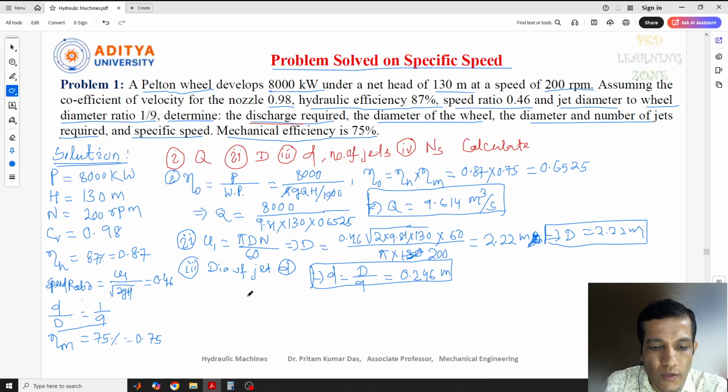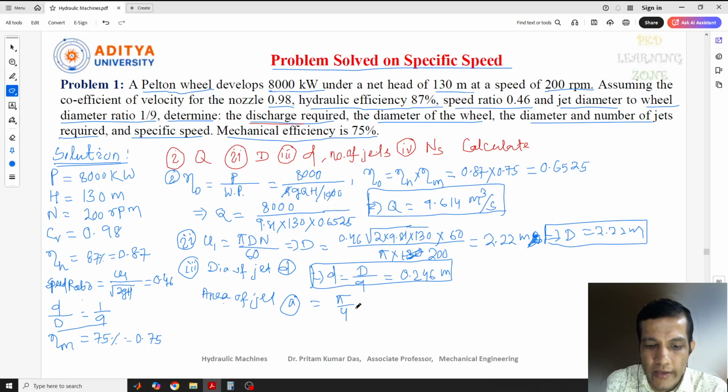Now next we need to calculate the number of jets required. For that I need to calculate the area of jet. So area of jet equal to pi by 4 d square. So I can write area A equal to pi by 4 d square, because this formula will be required to calculate the next step.